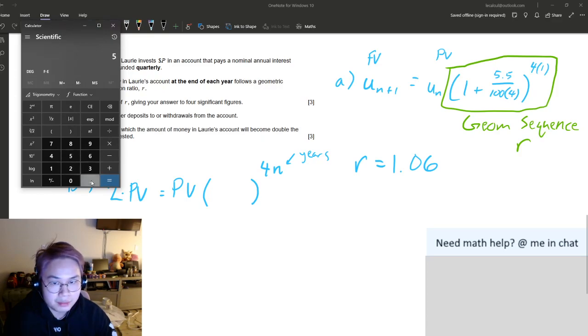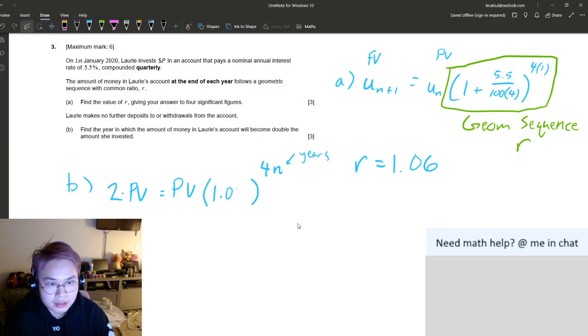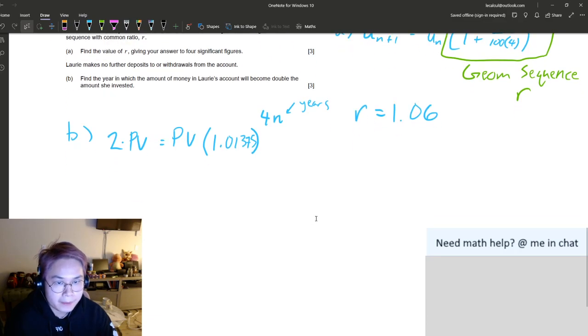So let's see, 5.5 divided by 100, and then divide this by 4, add this to 1, so 1.01375. Okay, the PVs will cancel out, so we're essentially just solving this equation for when it equals 2.